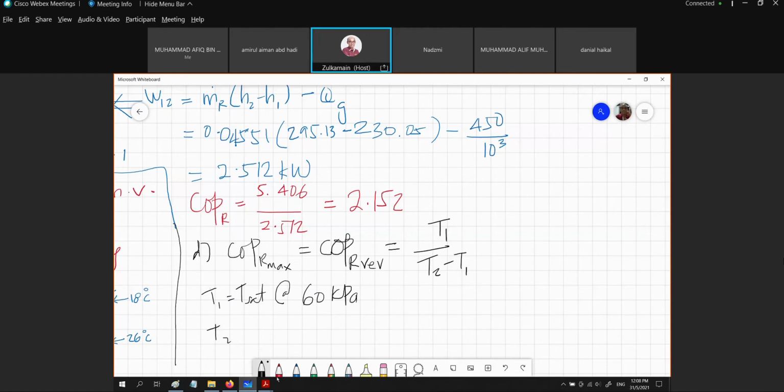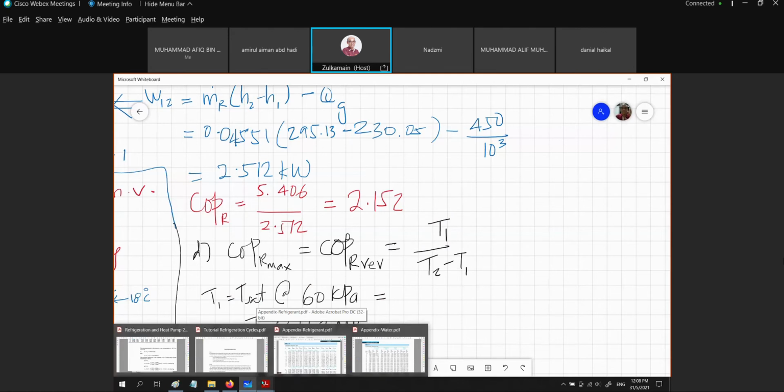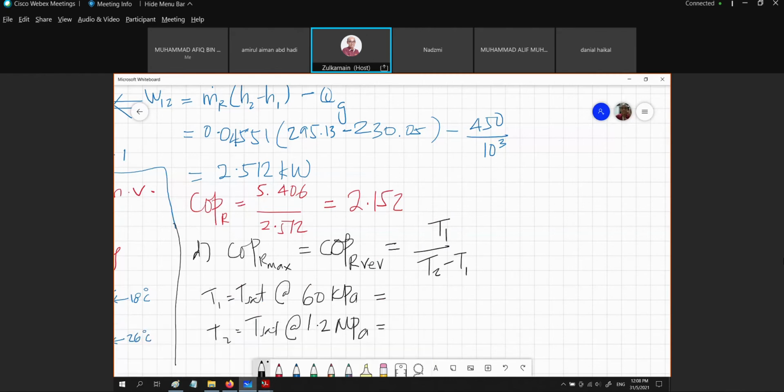T2 is equivalent to the T set at our high pressure of 1.2 megapascal. Just now we have got it. So at 60, we got 30 degrees C. Oh, this is we are using the value of the environment, minus 30.